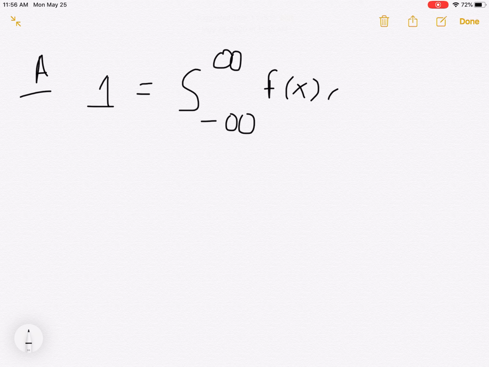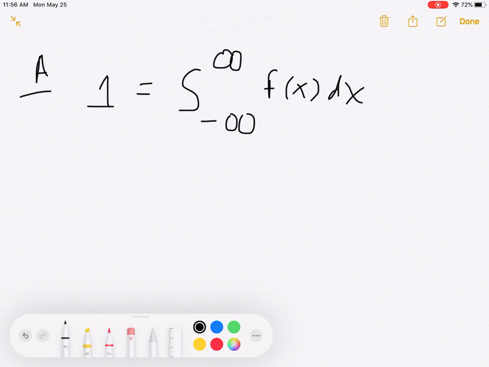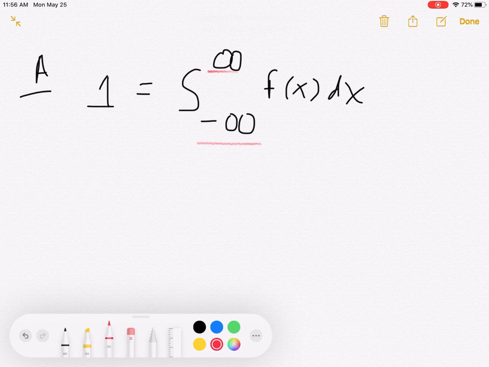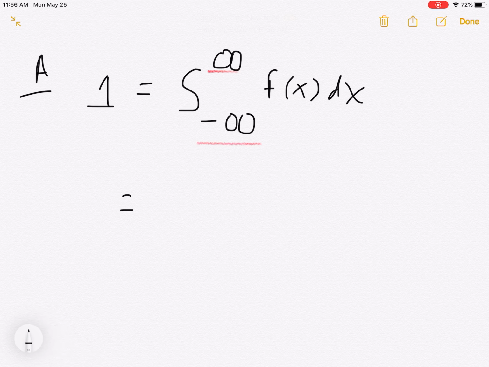Okay, so let's answer that question. So we know that the total probability, 1, is equal to this integral from minus infinity to infinity of f of x dx. Well, notice that f of x is only non-zero between 8 and 12, and it takes the value of k on those values.